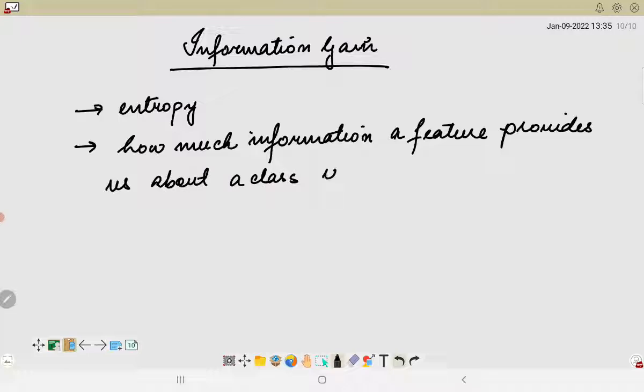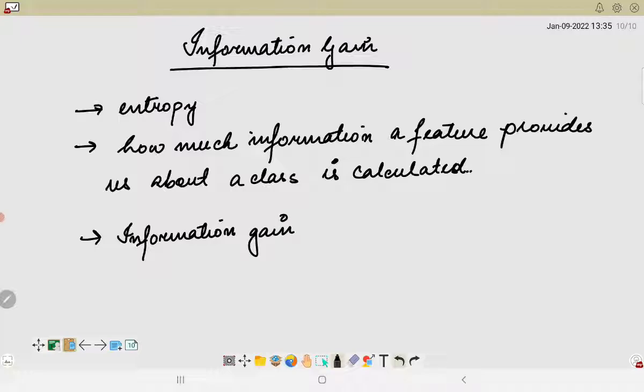Now this change in entropy is directly related to this particular information, and the value which we achieve after calculating the information gain would be directly proportional to the split of the node as we build the decision tree.